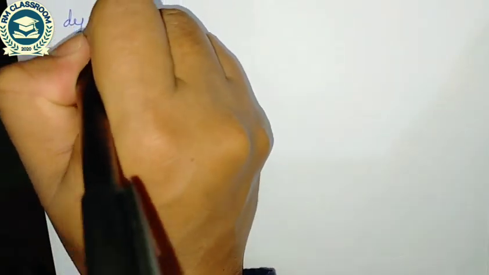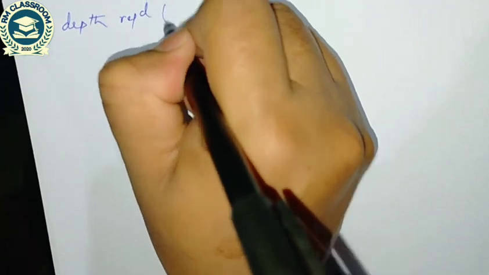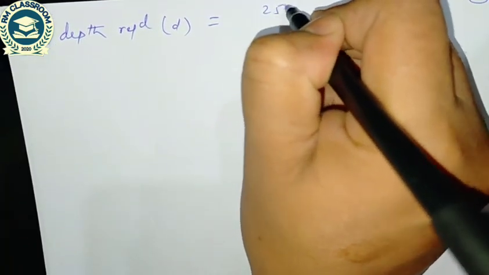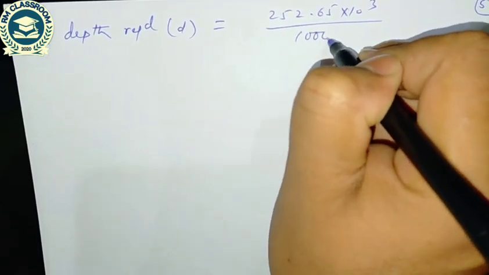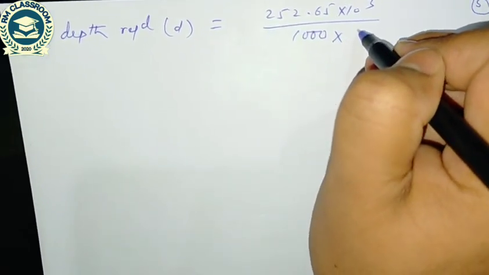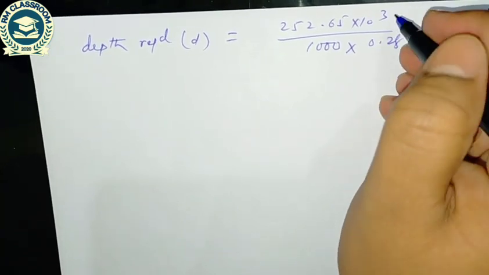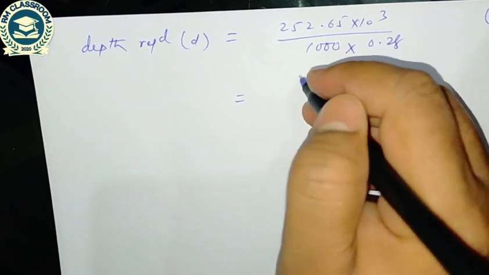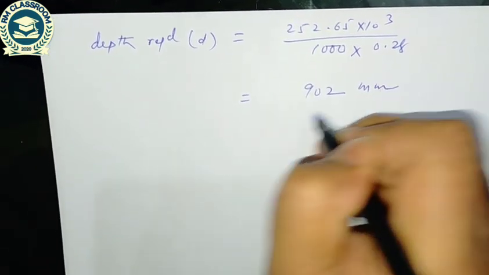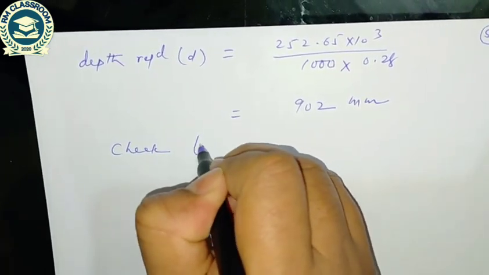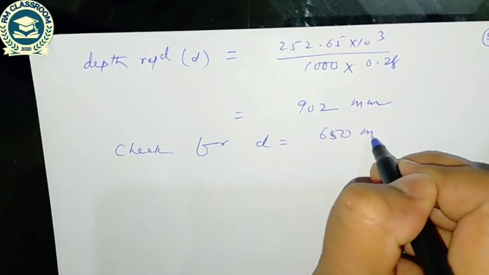So depth required, d is equal to 252.65 into 10 to the power 3 divided by 1000 into 0.28, which is 902 mm. So check for d equal to 650 mm.